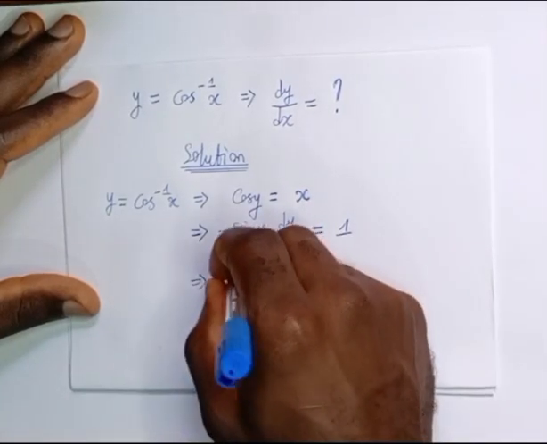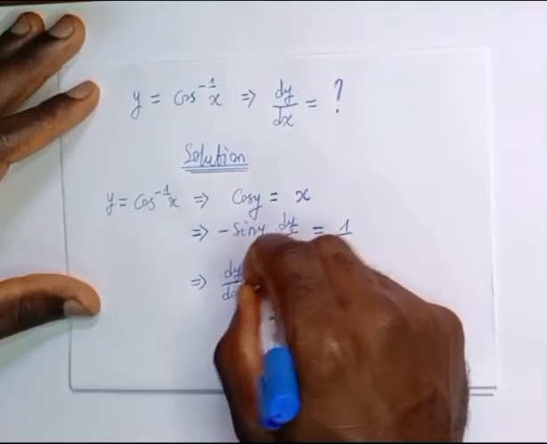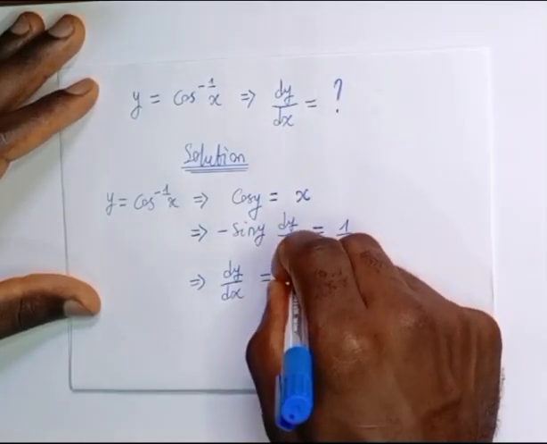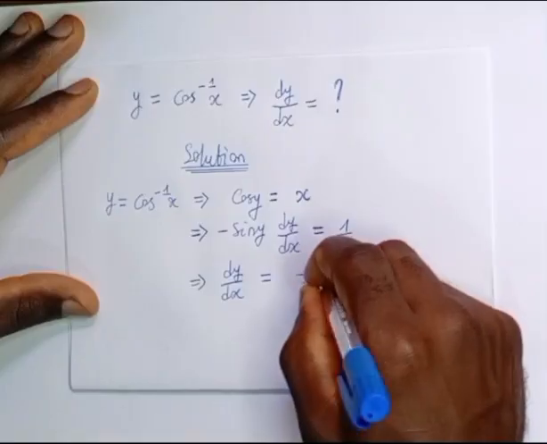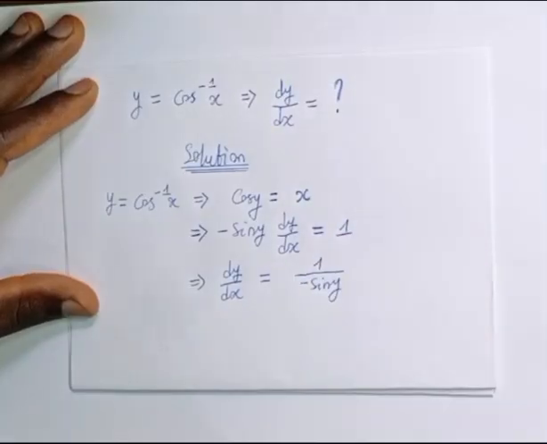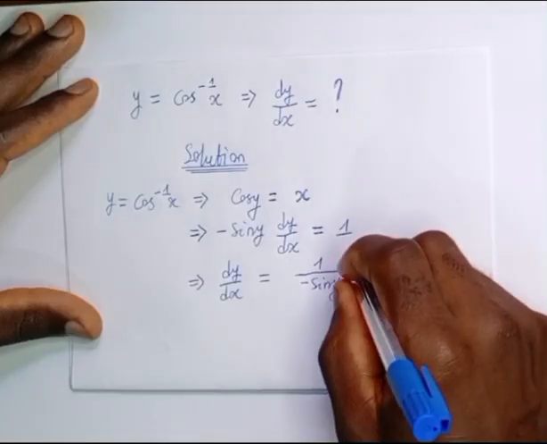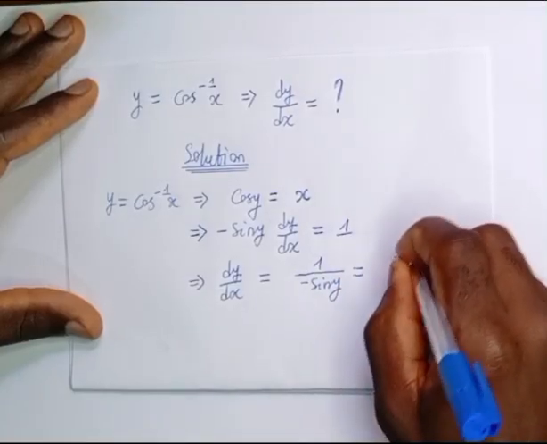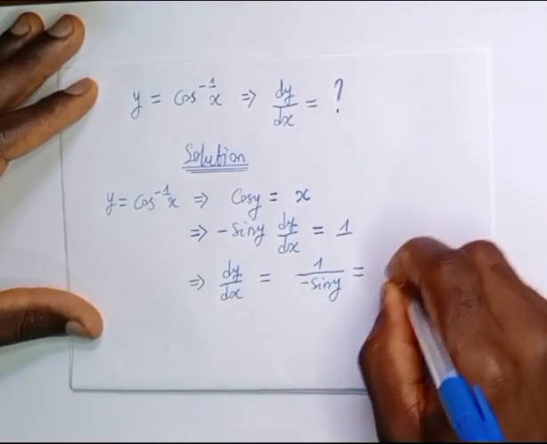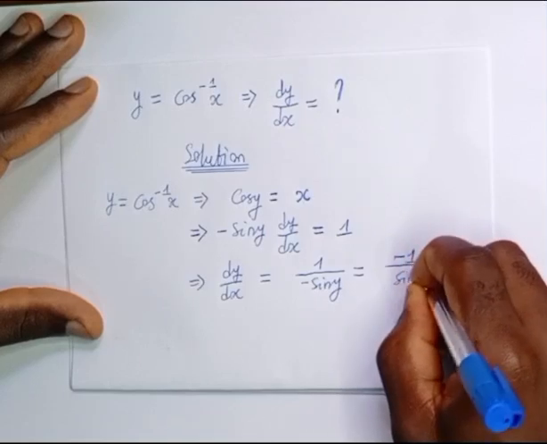Then dy on dx will be equal to 1 all over negative sine y. 1 all over negative sine y is the same as negative 1 all over sine y.